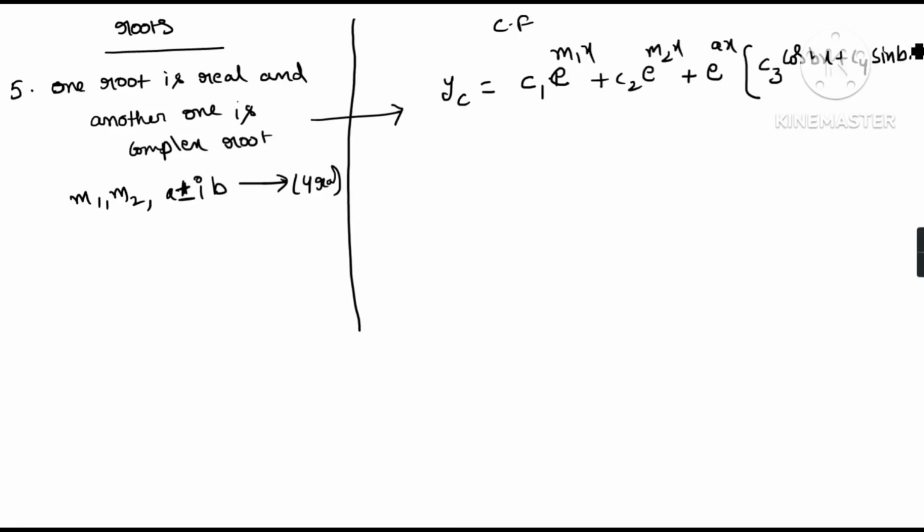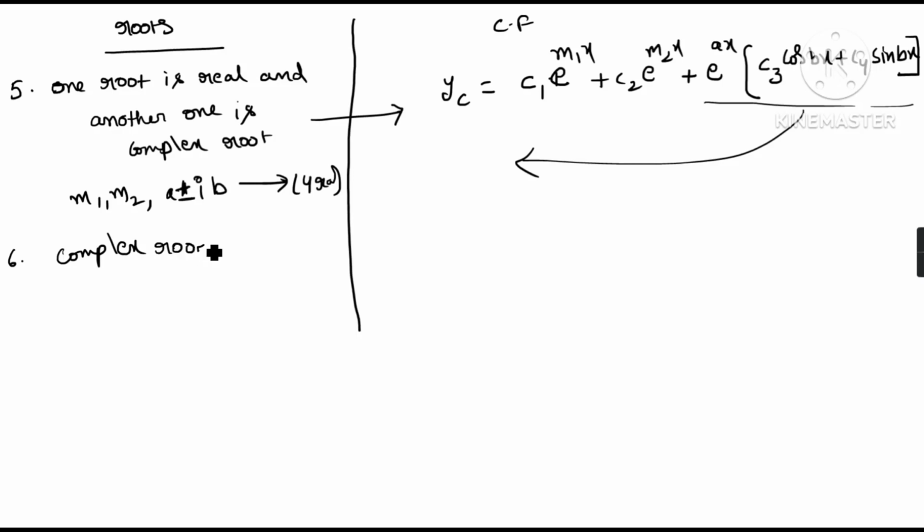Don't get confused. By practice you will get immediately how to write the complementary function. Or you can write the complex root first, and the real roots later. Anyway you can write.